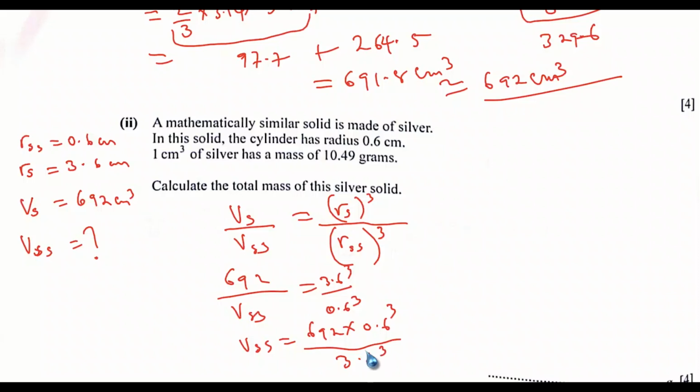If you input this into your calculator, you will get VSS equals 3.20. So the volume of the silver solid is 3.20 centimeter cube, right?